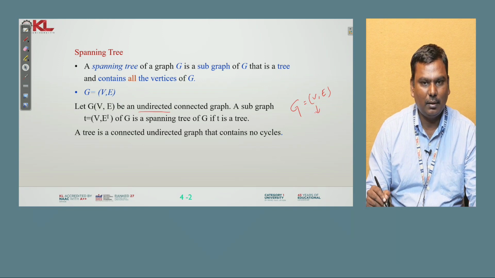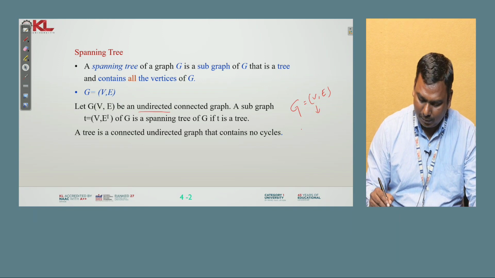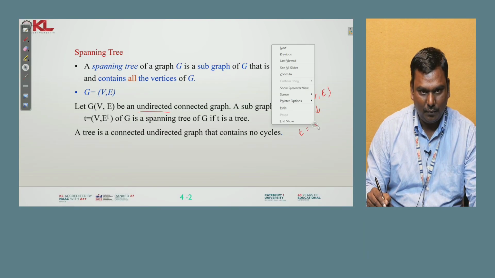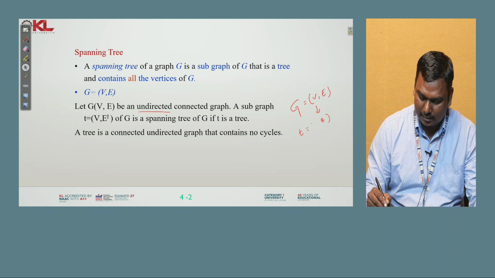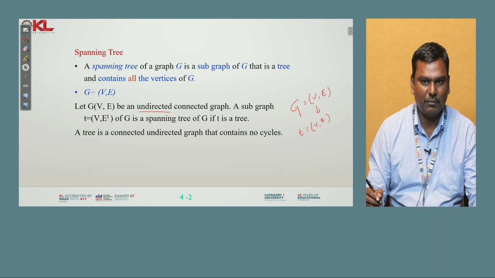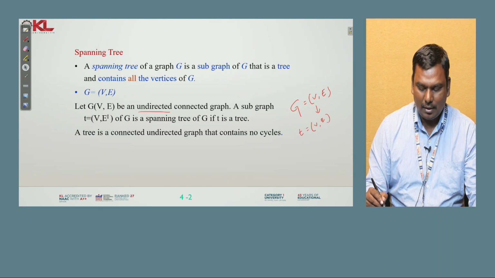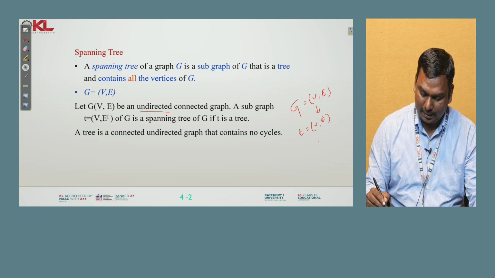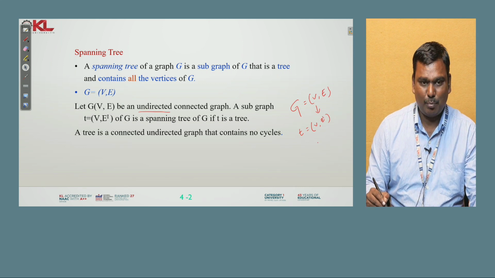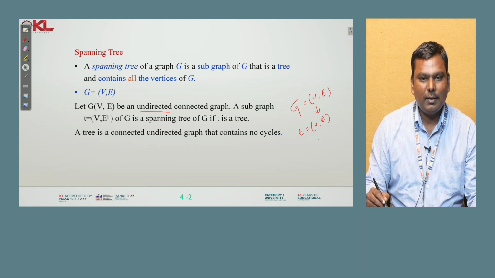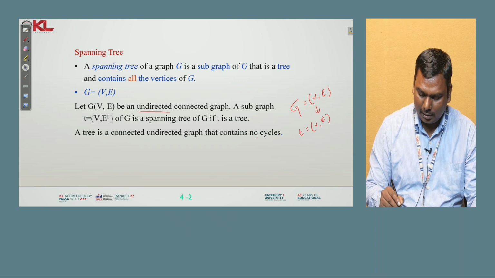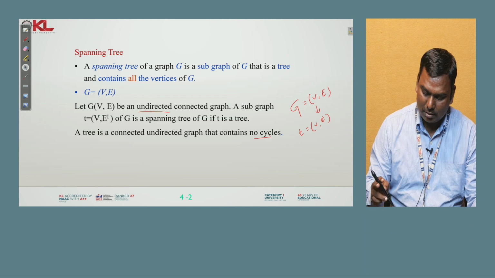In this undirected connected graph, the tree has a set of the vertices and edges, and the tree contains no cycle.